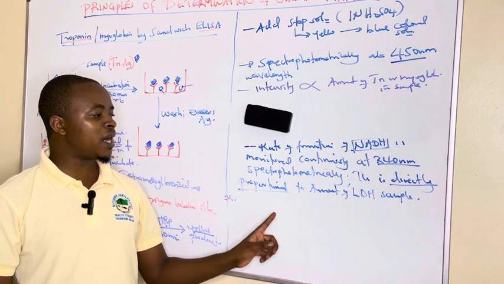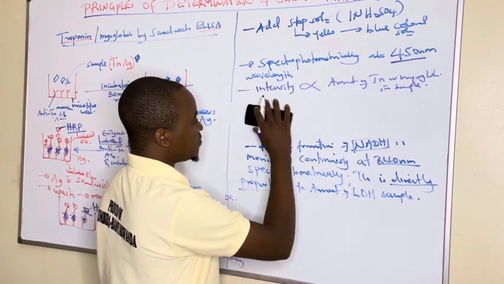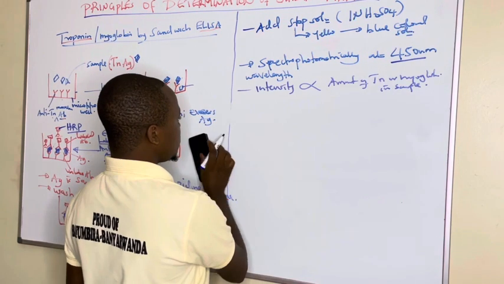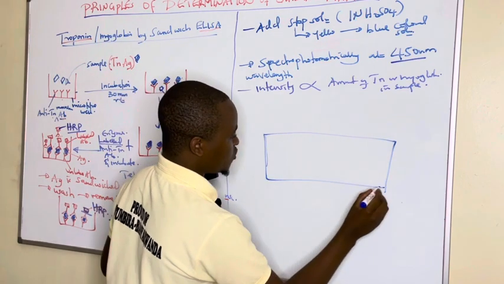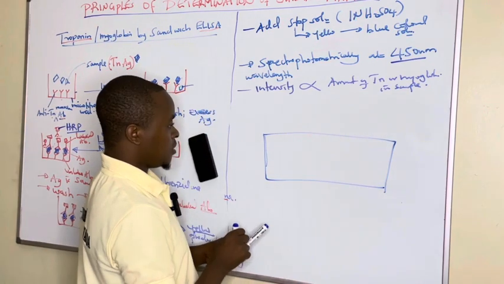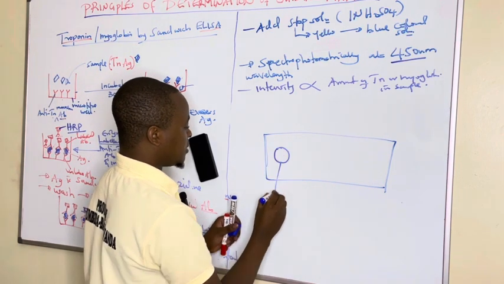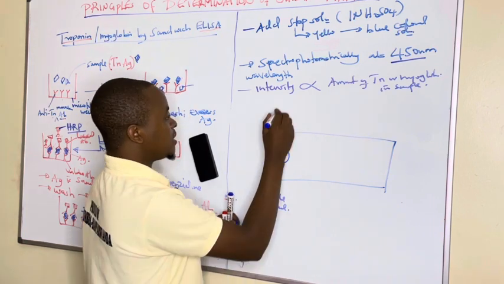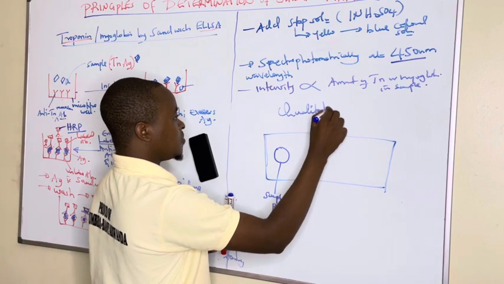If I have a strip like this for qualitative methods, it has a sample pad. This is the sample pad. So this is a qualitative method, not quantitative.